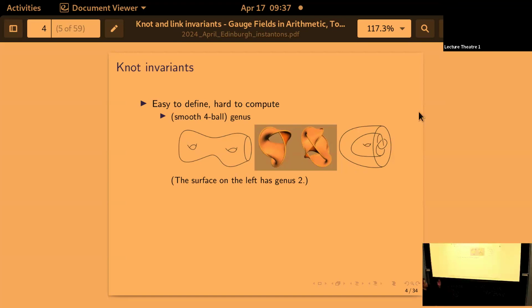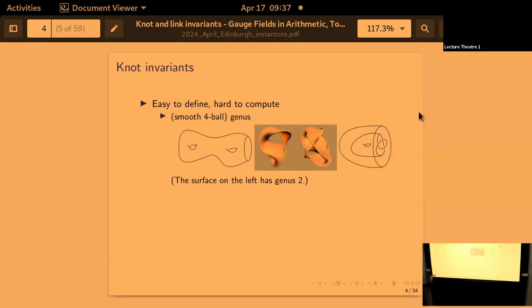For surfaces like this, you can ask, similarly to the question you could ask with Seifert surfaces, what can their genus be? It's pretty easy to see that if you can find something of genus g, then you can find something of genus g plus 1 by adding a tiny little torus to it.